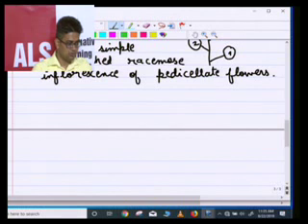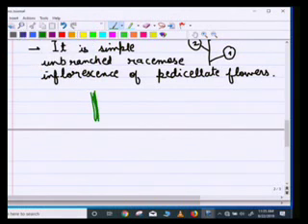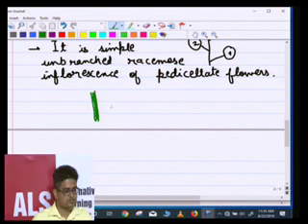Okay, so take a look here. This is the mother axis. Then there is a flower coming out here.